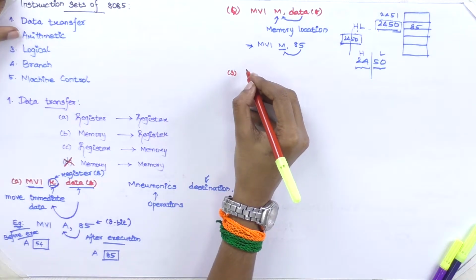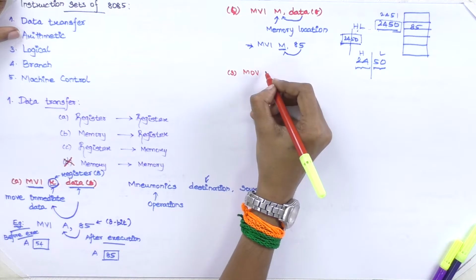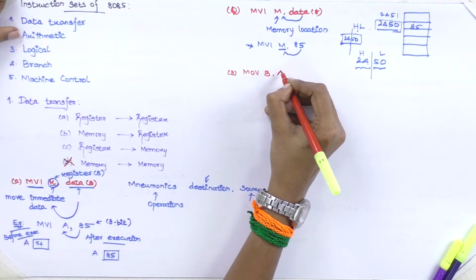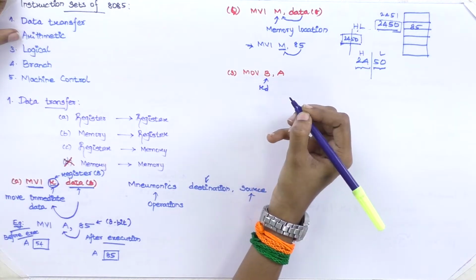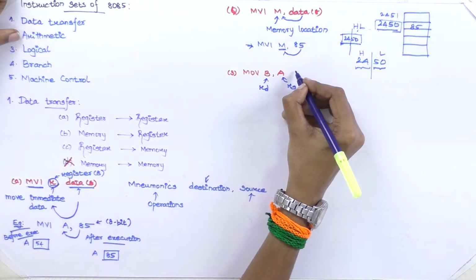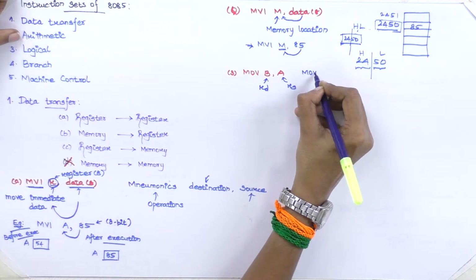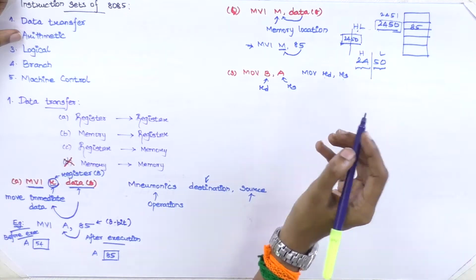So the next instruction that we are going to see is MOV B, A. So this is our destination register and this is our source register. The general format will be like MOV RD, RS, destination register, source register.